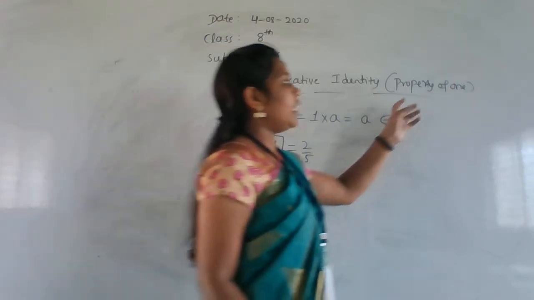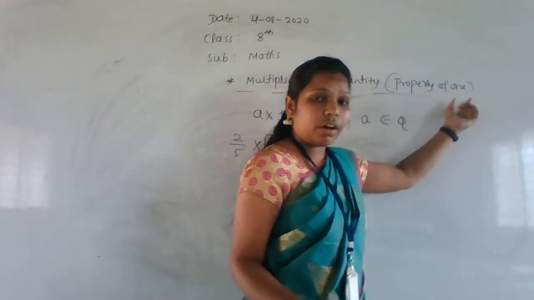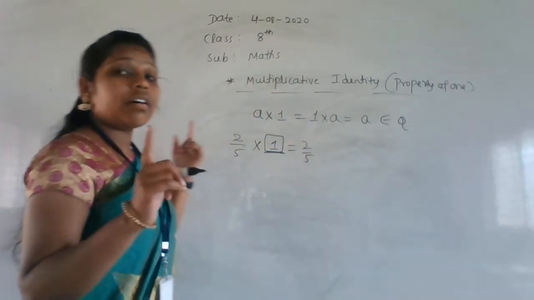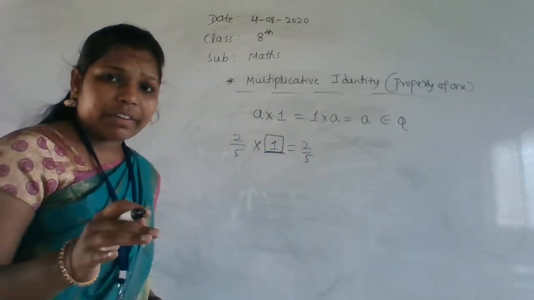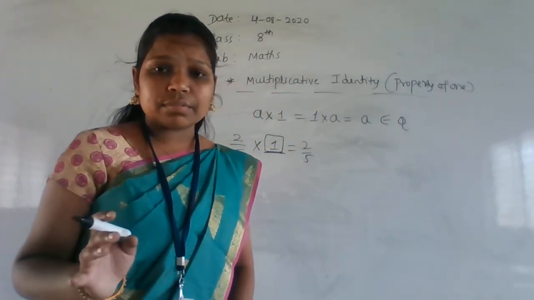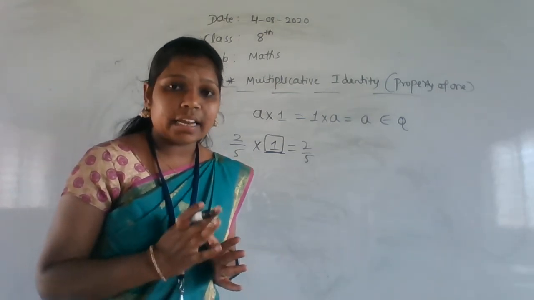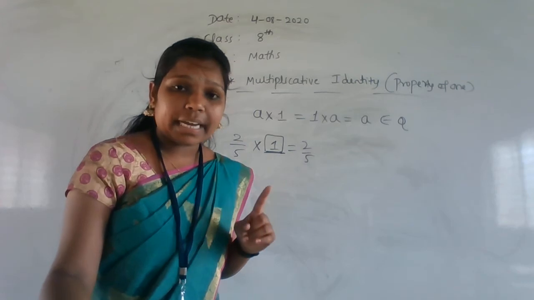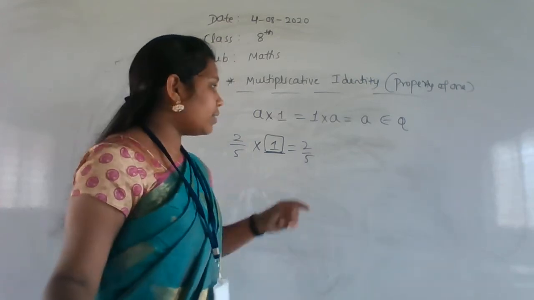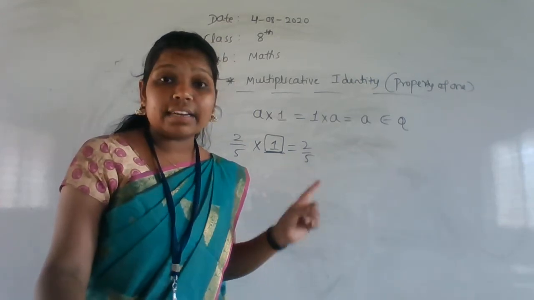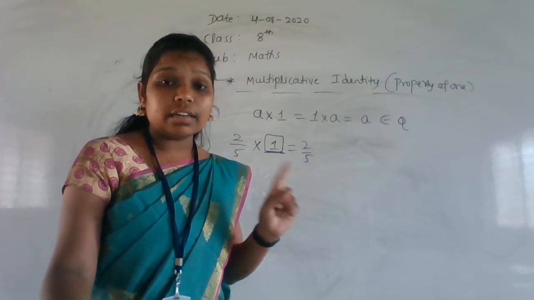That's why we say property of 1. Wherever you go, even in competitive exams, they will ask what is the multiplicative identity element. That is always 1. It will never change.